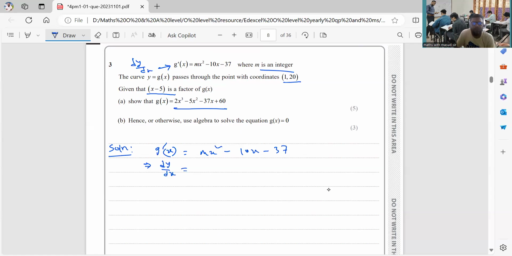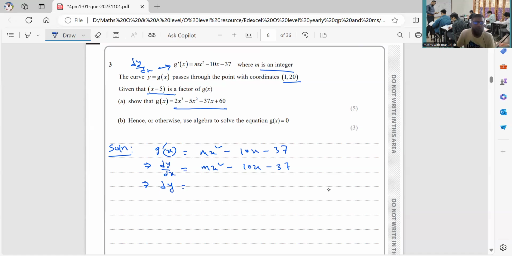So it will be mx square minus 10x minus 37. Okay, and now how to make y equals g(x)?